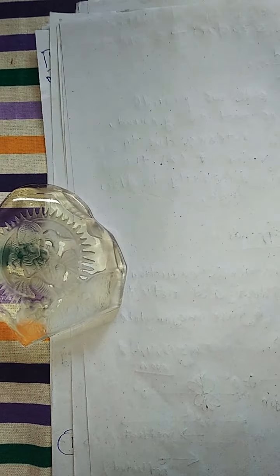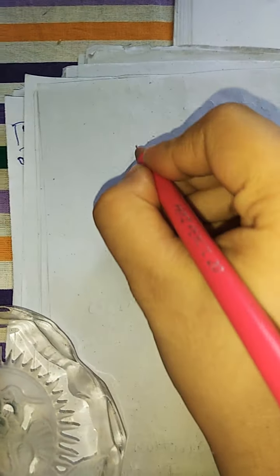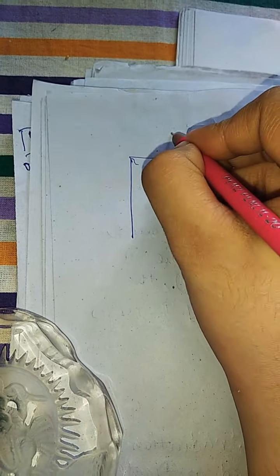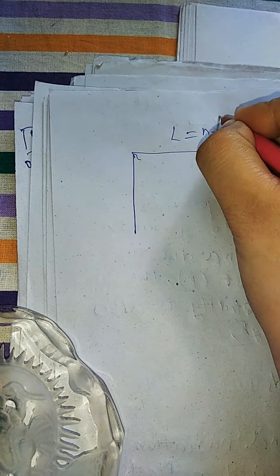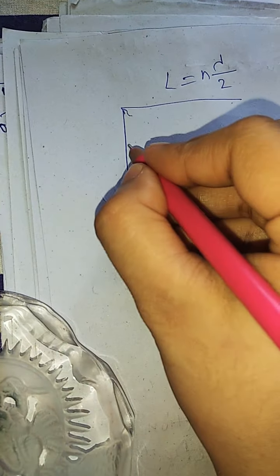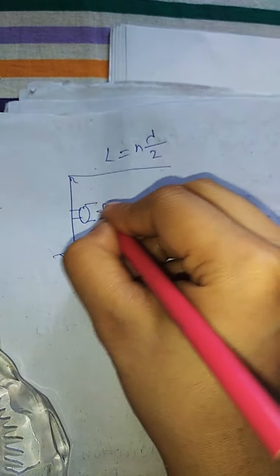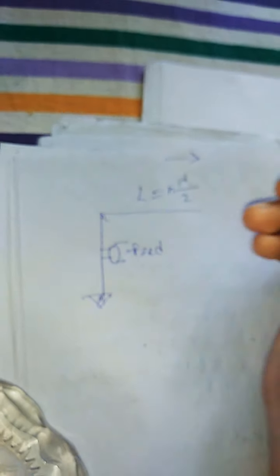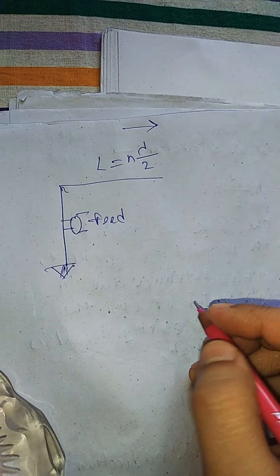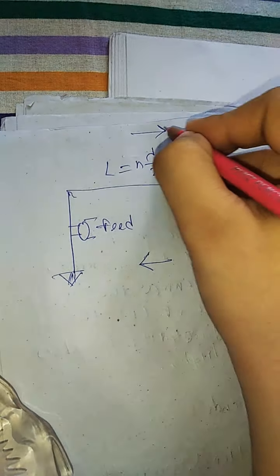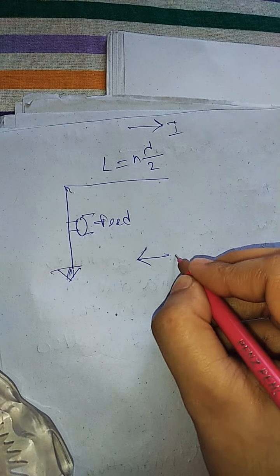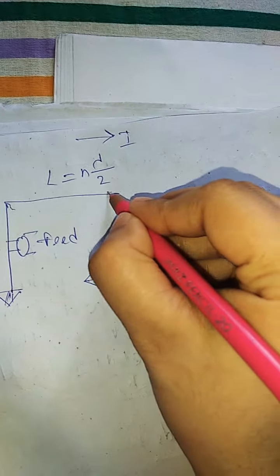Now we are talking about what the radiation pattern looks like. Here this is L, equal to n lambda by 2, this is the feed, this is the ground, this is the incident wave and this is the reflected wave.